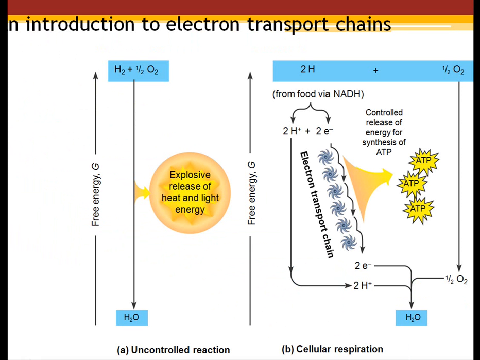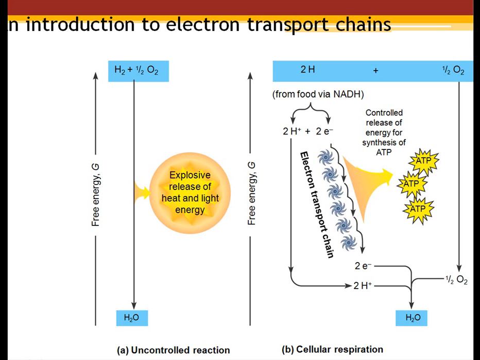Oxidative phosphorylation is a little bit more complex because it is not a tangible reaction. When energy is released from our food, if there was no way of trapping that energy, it would be one large explosive reaction, and a lot of the energy would be released as heat as well as light. But because of the electron transport chain and because cellular respiration needs to have some control, it allows reactions to occur in baby steps.